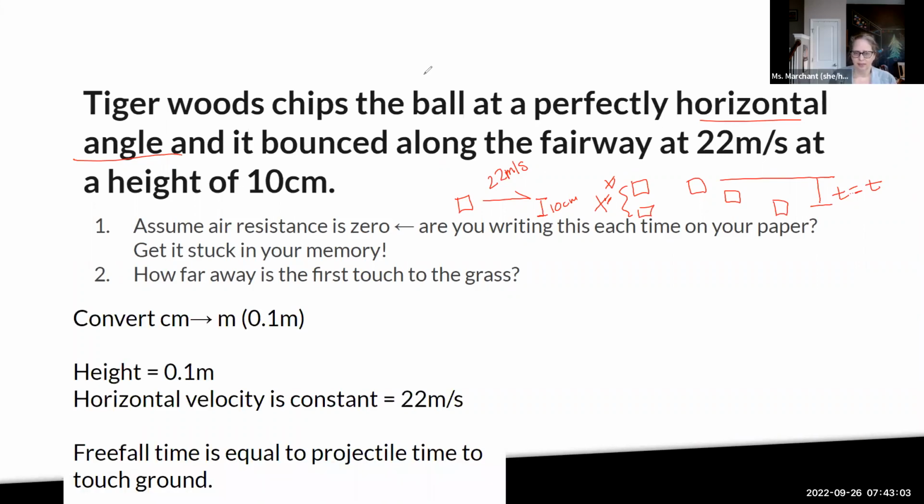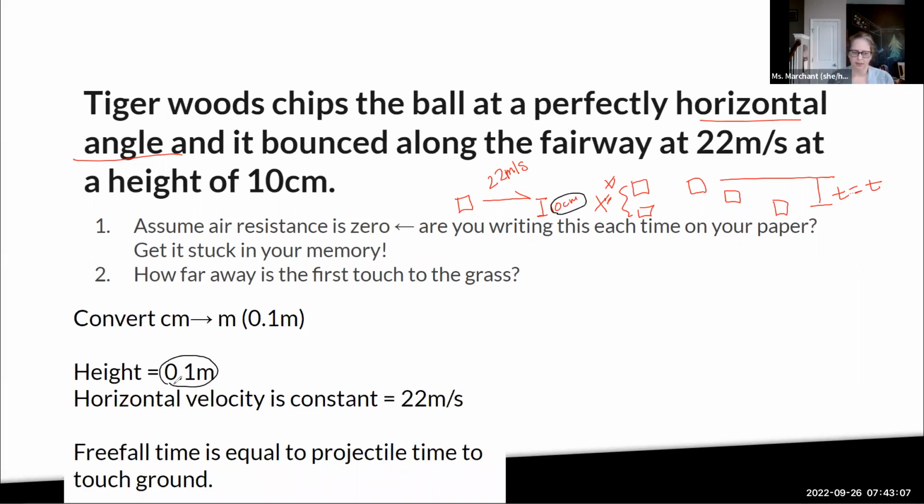Notice this is in centimeters, so make sure you convert it to meters. The free fall time is equal to the projectile time. That's the official words for what I've just said right here. The free fall time, when there's only the force of gravity acting upon it, is equal to the projectile time.